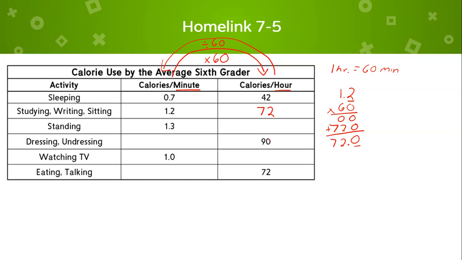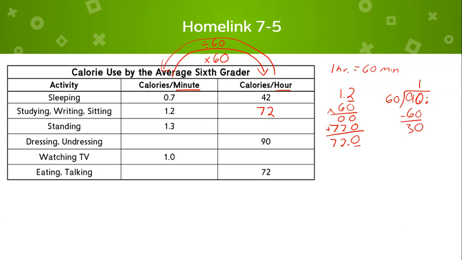Okay, and now I'm going to skip down here because I want to give you an example of going from hours to minutes. So from hours back to minutes, we have to divide by 60. So I'm going to do 90 divided by 60. 60 goes in once. I have 30 left over.